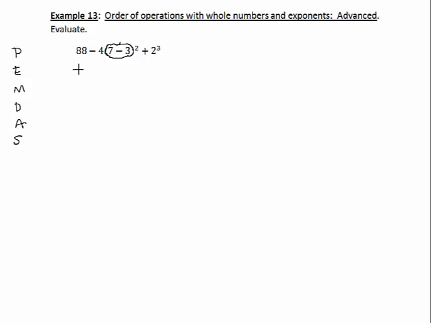So 88 minus 4 and the exponent 2 here plus 2 to the third, that can just be copied down on the next line, just like this. We don't do anything with it. We're going to do one thing at a time. We're focused inside the parentheses, and we have a 7 minus 3 there, which is 4.